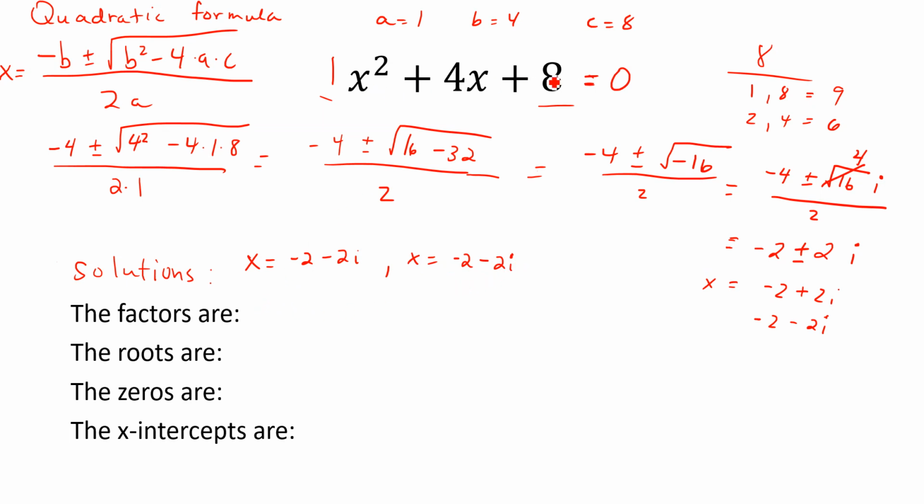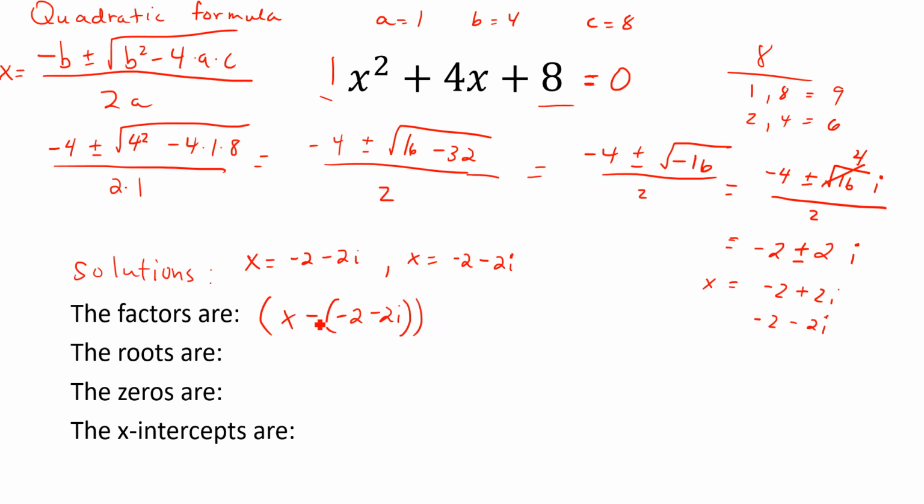Well, we couldn't factor this out, but we can actually write in some factors for these. x minus negative 2 minus 2i. And you can do this any time that you have solutions that cannot be gotten from factoring. So if you use the quadratic formula and you still got numbers that were not imaginary, you can do the same thing here.